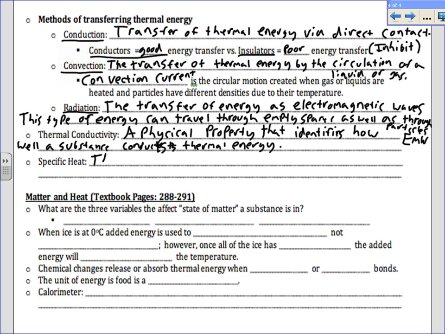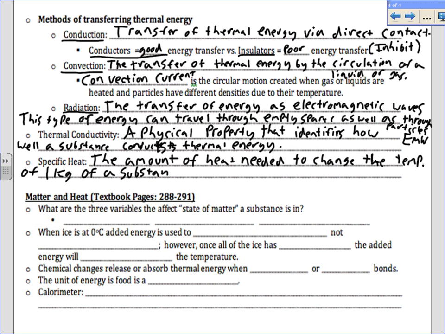Specific heat is the amount of heat needed to change the temperature of 1 kilogram of a substance, could be water, by 1 degree Celsius. All right?